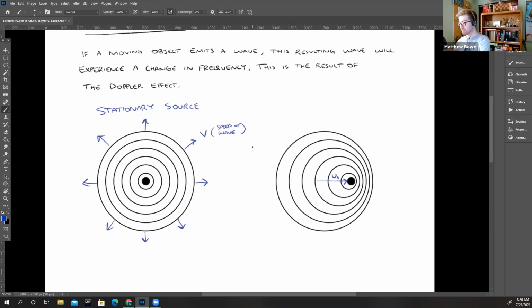Since there's going to be a lot of different speeds I need to keep track of, I'm using this new term U for this object that is moving. But keep in mind that all of these waves that it's emitting are still moving outward at the speed v. So let me clarify up here, this is a moving source now.